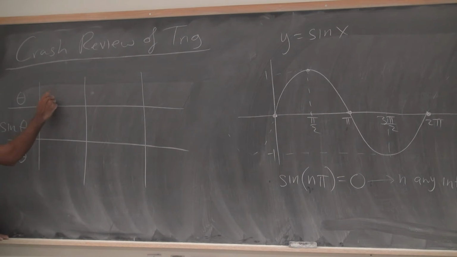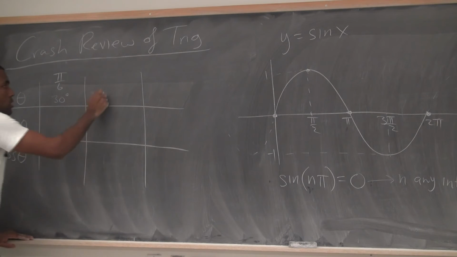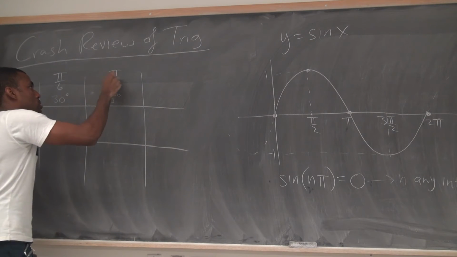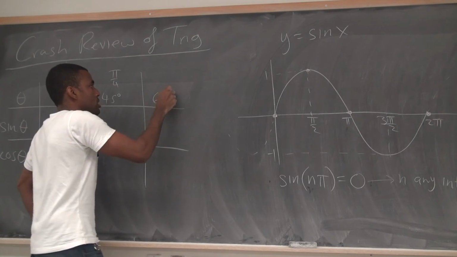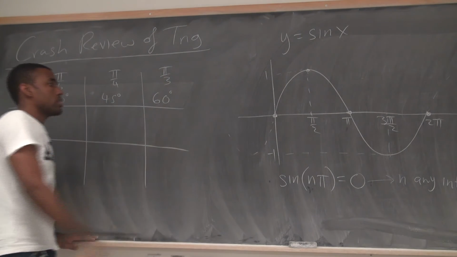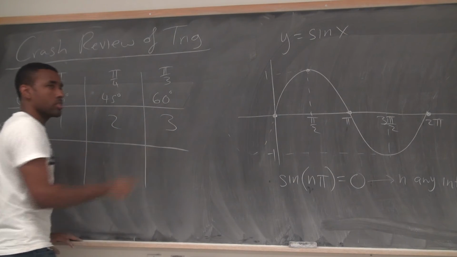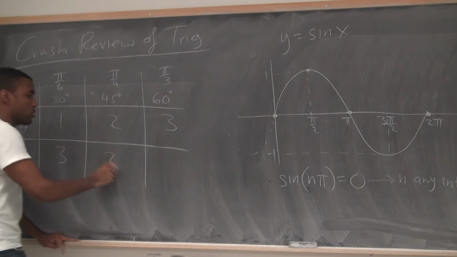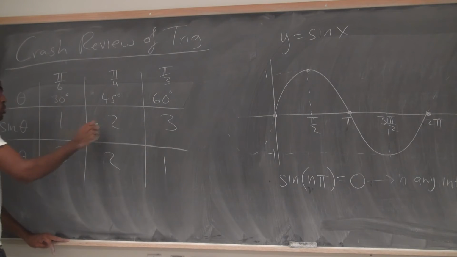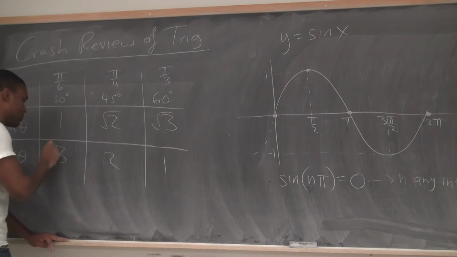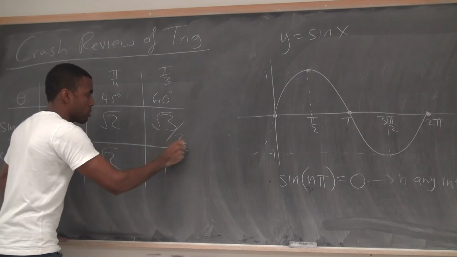These are the special angles. 30 degrees is one of them, which we can write as pi over 6. 45 degrees is the second one, which we can write as pi over 4. 60 degrees is the last one, which we can write as pi over 3. And anyone knows how to fill out the table? 1, 2, 3. 3, 2, 1. Take the square root of everybody and divide everyone by 2.